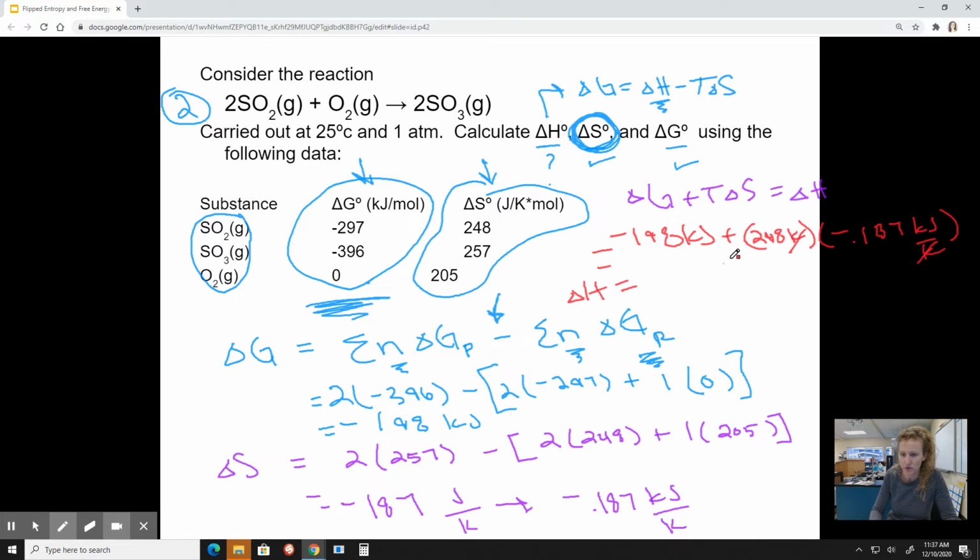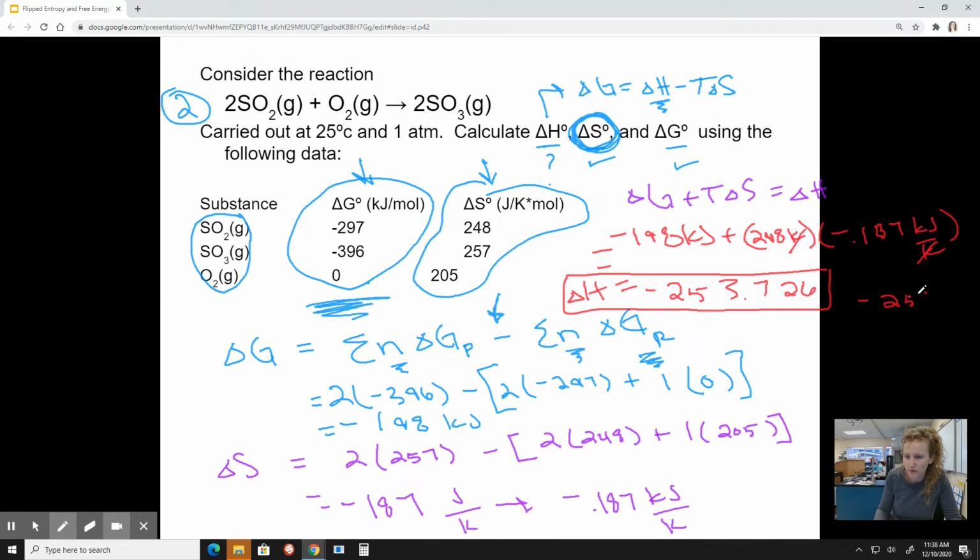Delta H is going to equal, I got negative 253.726. So let's round that off to 3 sig figs. So negative 254, and that's going to be in kilojoules.